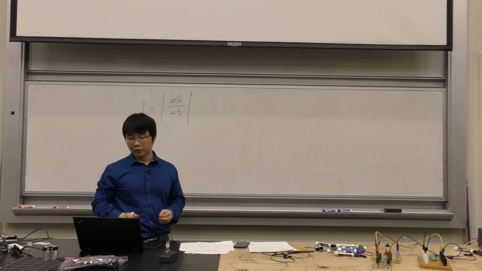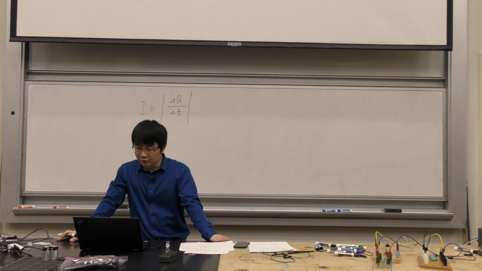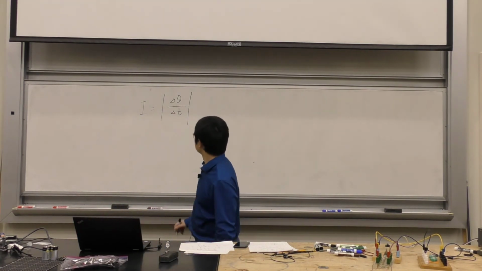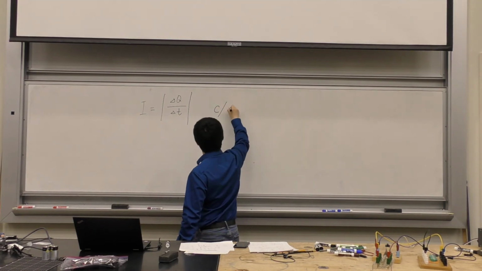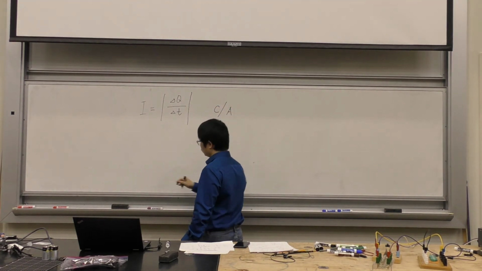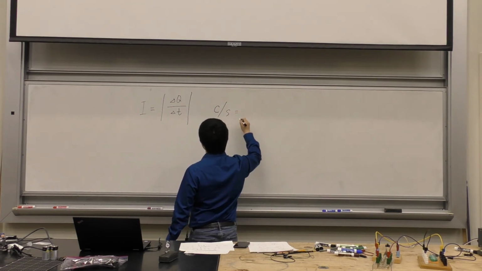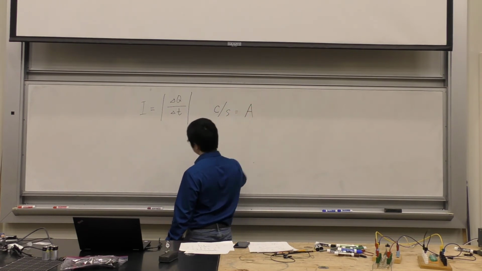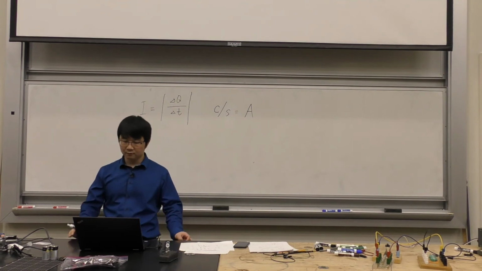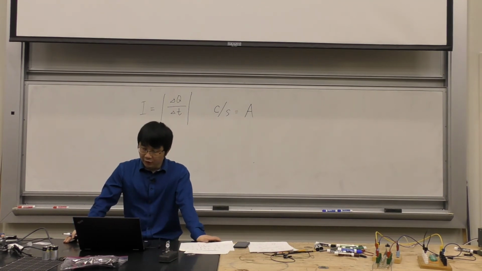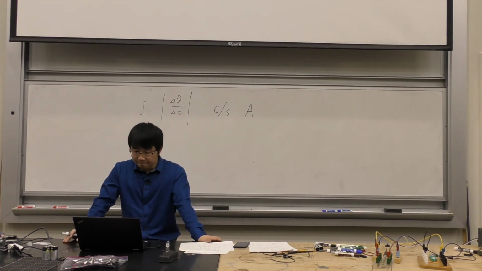And of course, if you want to find the instantaneous current, you take the derivative of the charge with respect to time. And the unit, that's easy to see: coulombs per second. We have a new name for it, we call it amp, in honor of Ampere. So that's the definition of current.